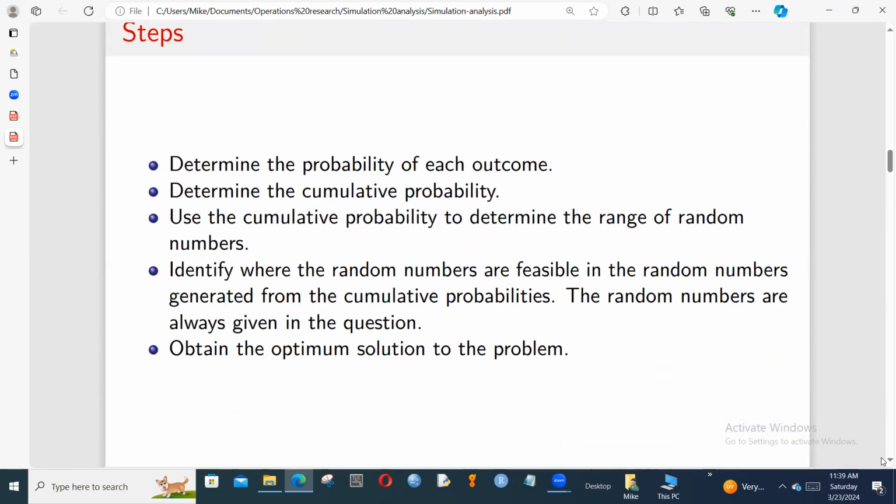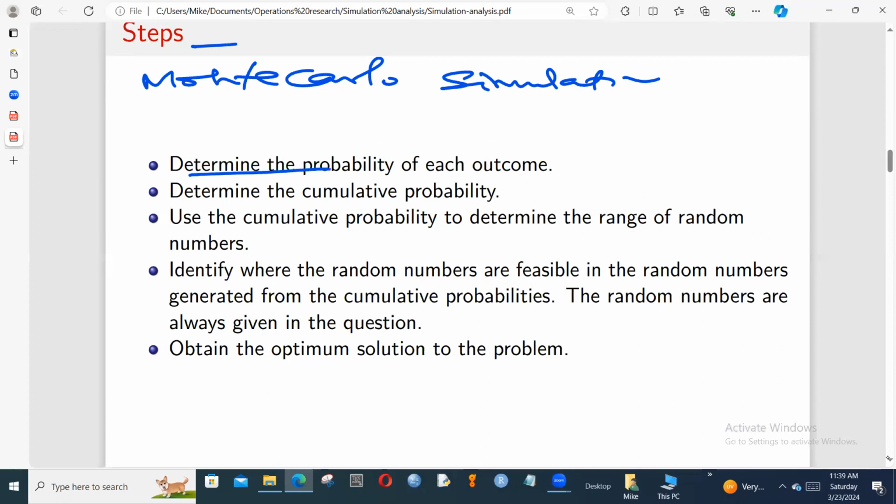Now, what are the steps that we need to follow when we are using Monte Carlo simulation? For us to simulate a process or to imitate an event, we have to follow these steps. One step is we shall be determining probability of each outcome. In most cases, for most of the problems, you may be given those probabilities, or you may need to research on those probabilities.